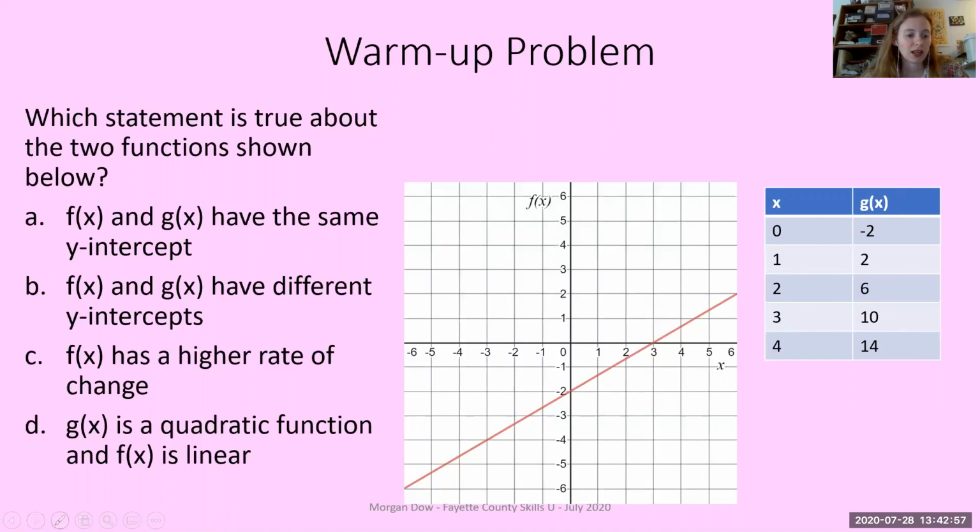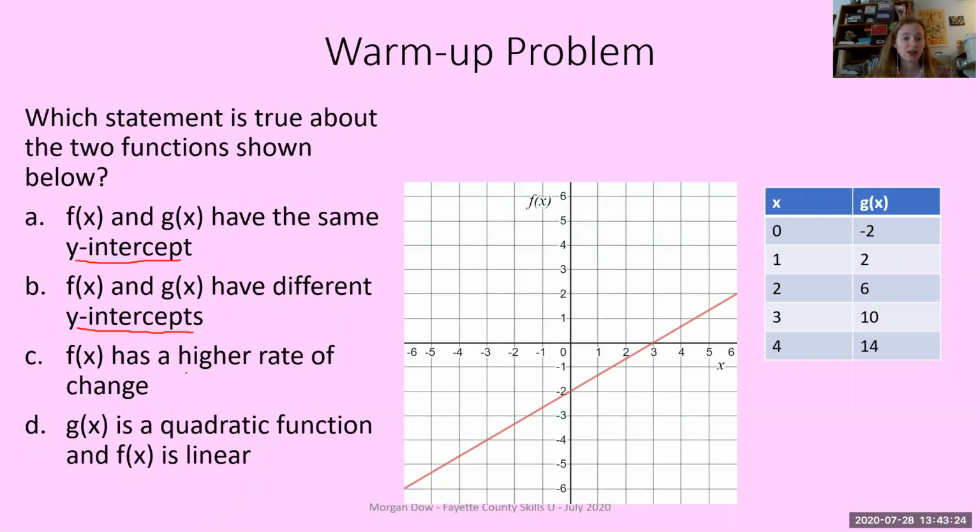And when I look through my answer choices, we've got a few different topics that the answer choices are touching on here. So choice A and choice B are both talking about the y-intercepts of our two functions. Choice A says that f of x and g of x have the same y-intercept. Choice B says they have different y-intercepts.